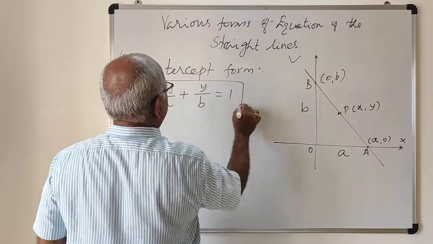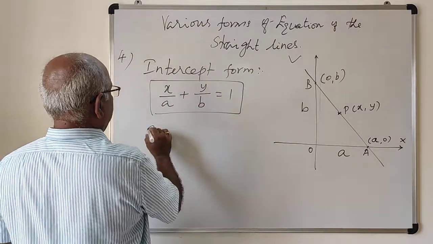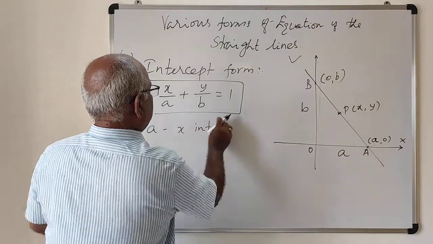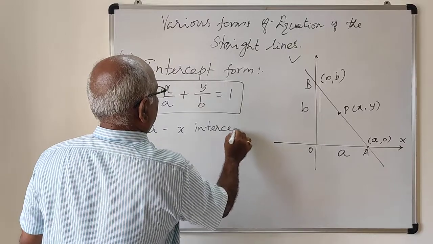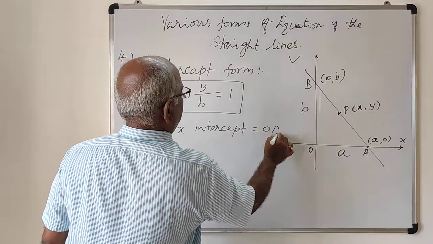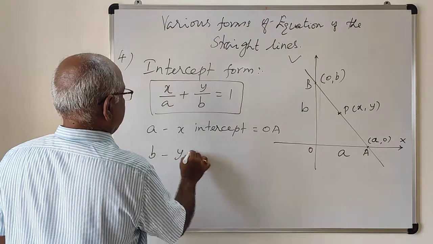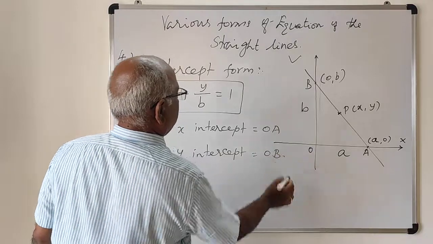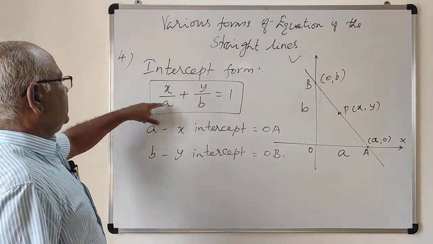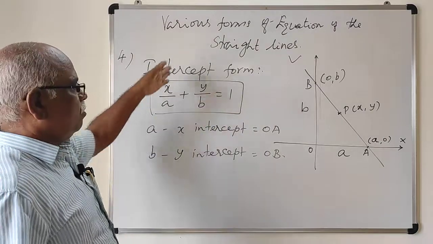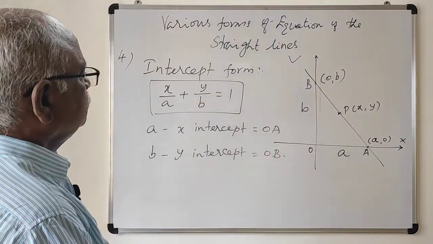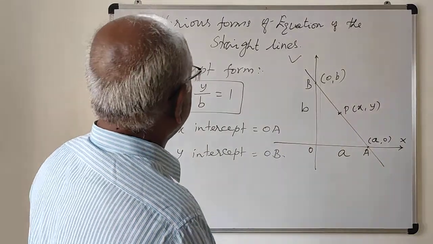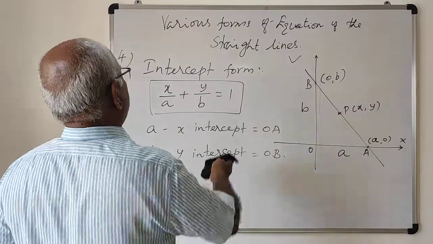This is the intercept form of the line where a is the x-intercept, that is OA, and b is the y-intercept, that is OB. O is the origin. So x by x-intercept plus y by y-intercept equal to 1 is the intercept form of the straight line. This is the fourth type of equation of line. Next, the fifth one is the normal form of the equation of a line.